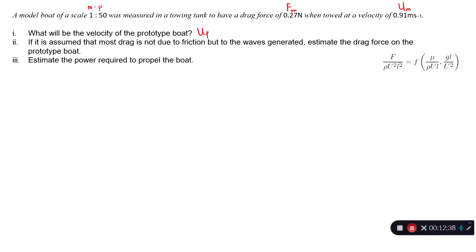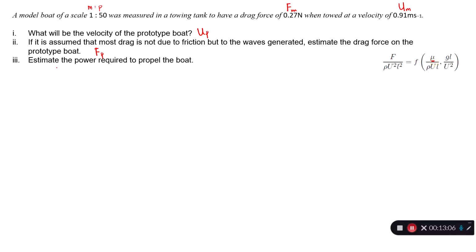Then, if it's assumed that most drag is not due to friction but to the waves generated, estimate the drag force on the prototype boat. So that is Fp. When it says not due to friction, that means it's not due to the viscosity term. From that you will see why you can neglect the viscosity term that we have here.